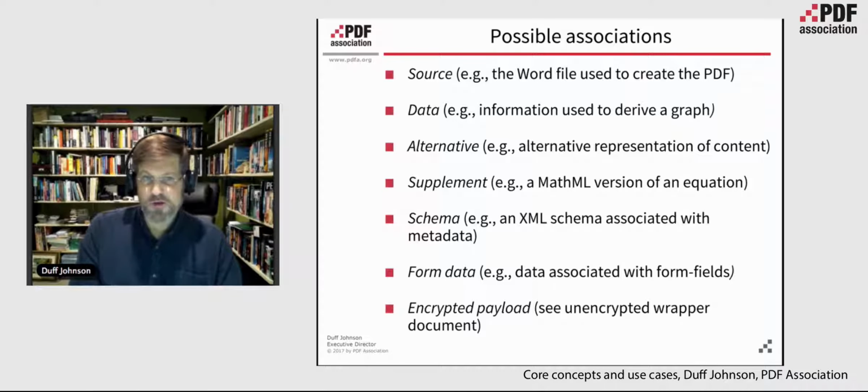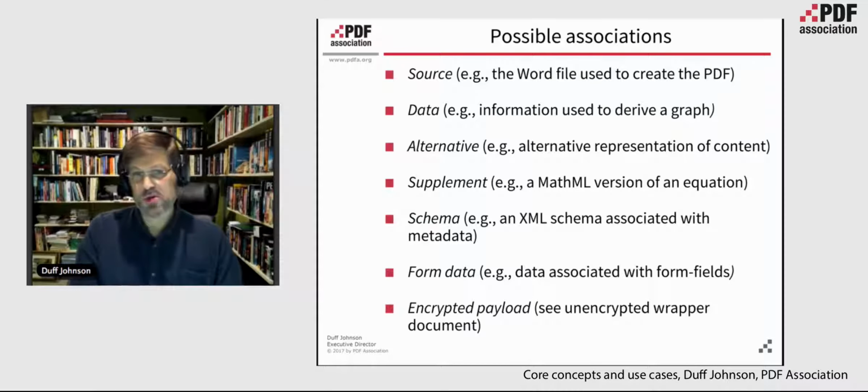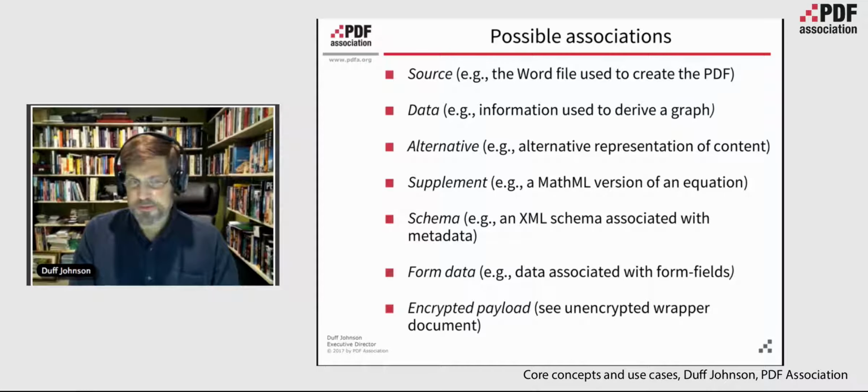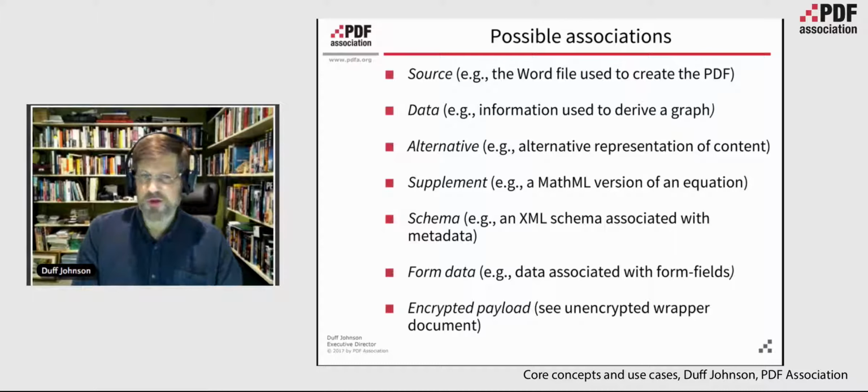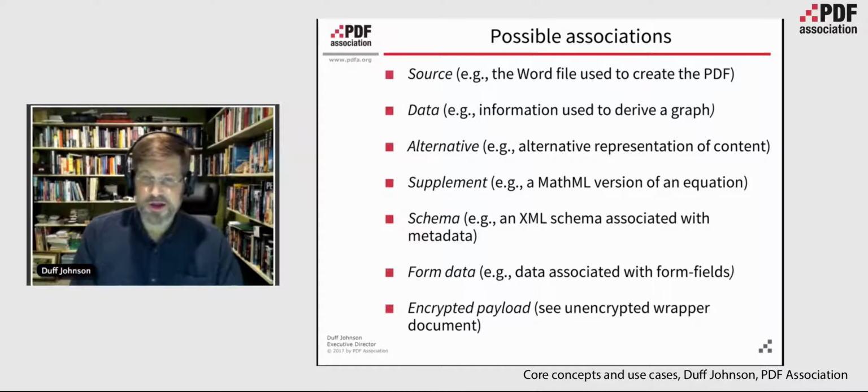So there are a variety in combination with each other or as individual elements. The world of associated files, so to speak, is as rich as any particular application needs it to be. So there are lots of possibilities for the private and public use of data that would be associated with a given document and deployable in this context.